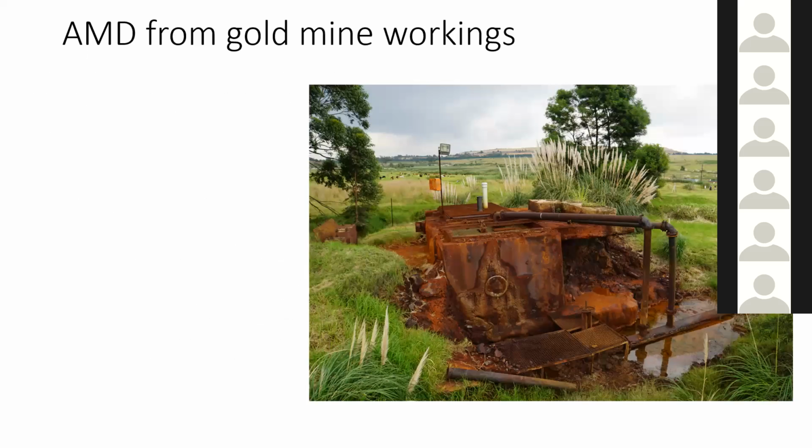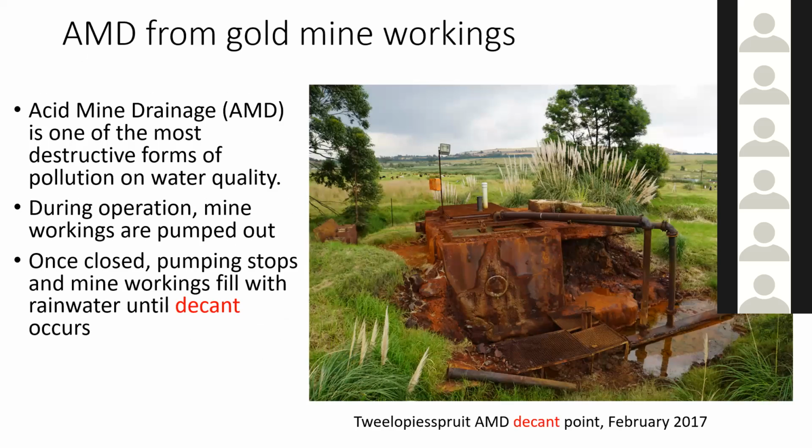Okay, so just some background, and as I'm sure most of you know about the issues surrounding acid mine drainage, it is one of the most destructive forms of pollution on water quality.